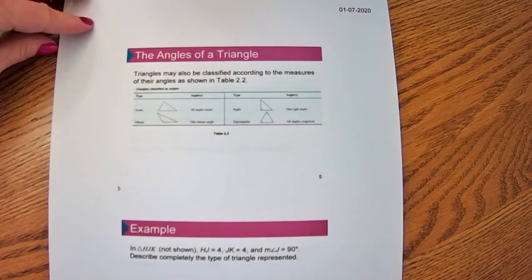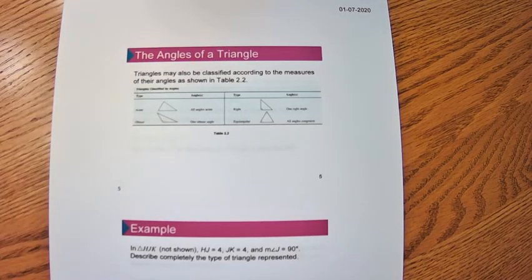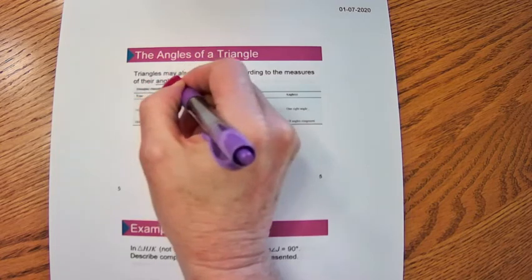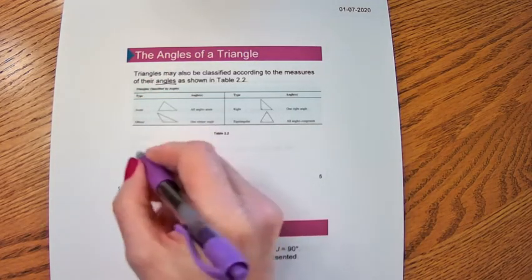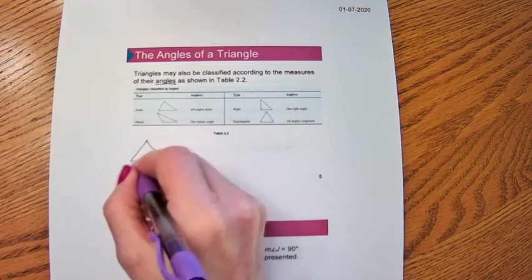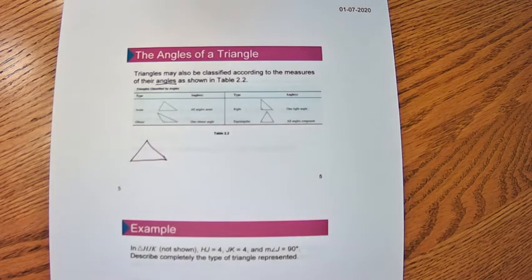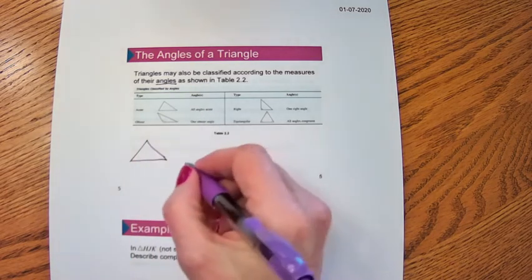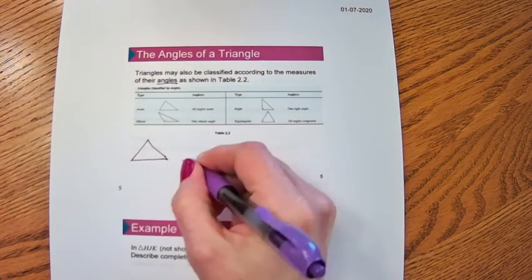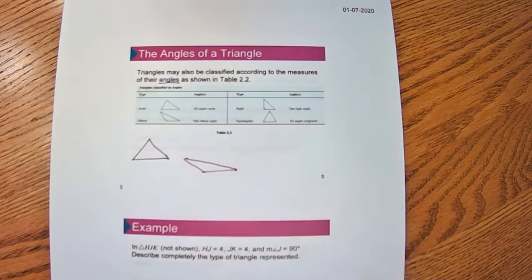You can also describe triangles based on the type of angles. So in an acute triangle, all three angles are less than 90 degrees. In an obtuse triangle, one of the angles is obtuse. It's greater than 90 degrees.